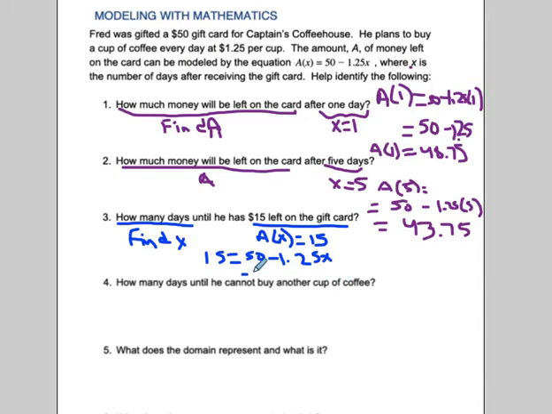Our mission is to solve for x. Start by getting x alone, first getting rid of that 50. We're going to subtract 50 on both sides. You should get negative 35 equals negative 1.25x. And we're almost done. Divide both sides by negative 1.25, and you should get about 28 days.